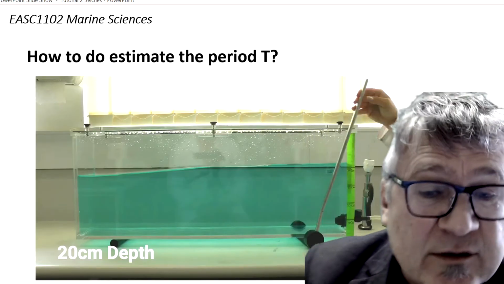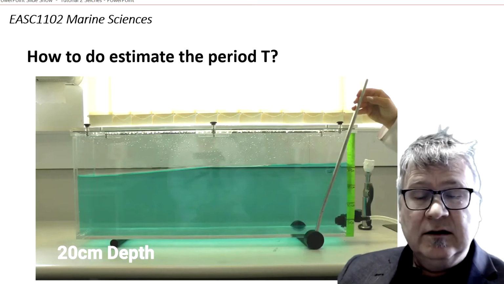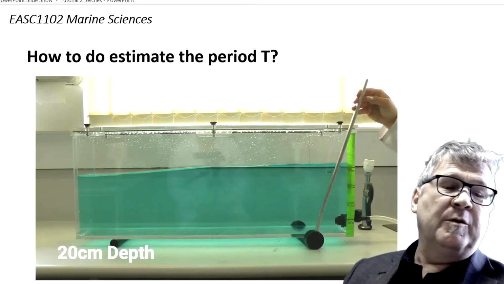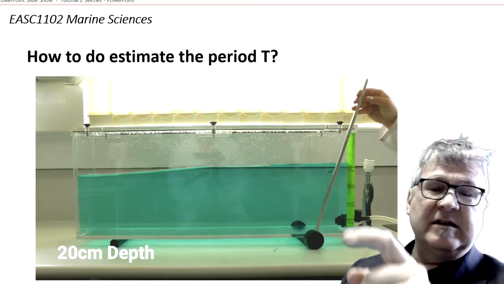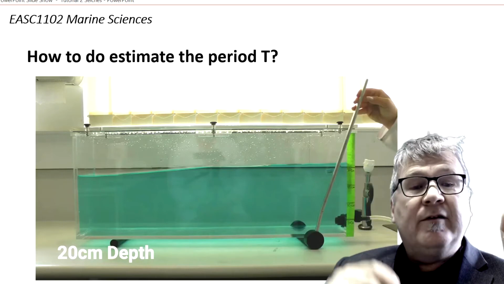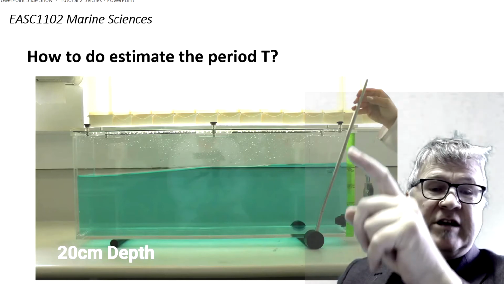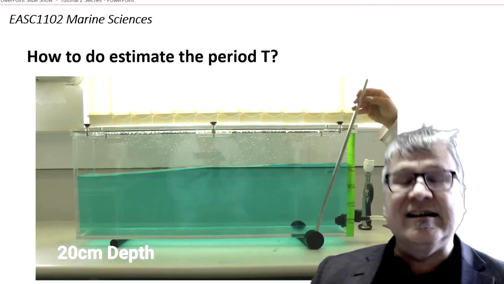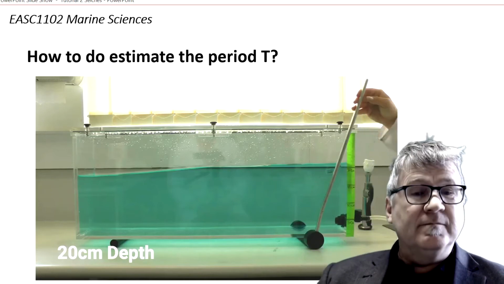So this is how the experiment looks. You see a little wave tank, filled with water to 20 centimeters in this example. And we have a little wave shaker. These are little shakers here. You move them back and forth, and you can excite a standing wave.